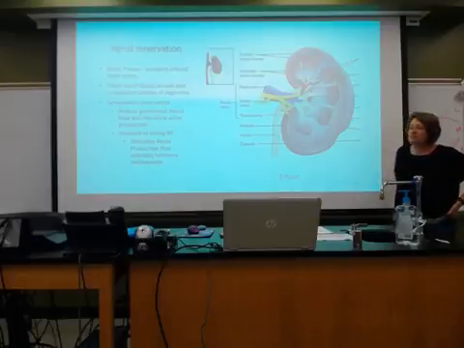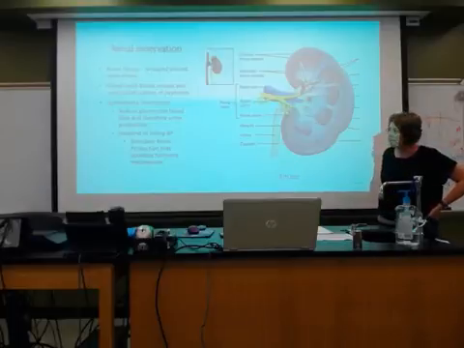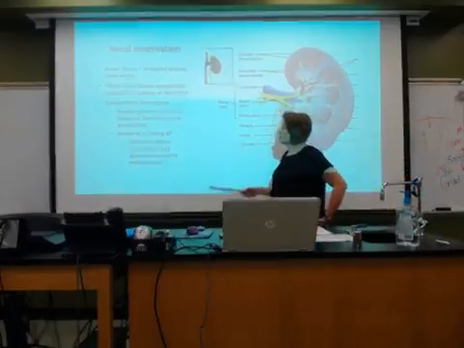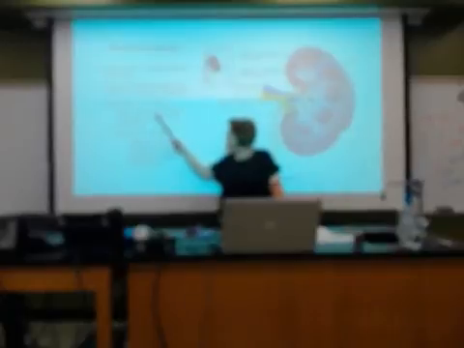We have sympathetic innervation. Do we control that? No. Okay? The sympathetic nervous system can reduce the glomerular blood flow, meaning the blood going into that arteriole at the glomerulus.